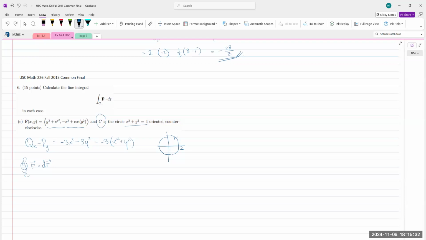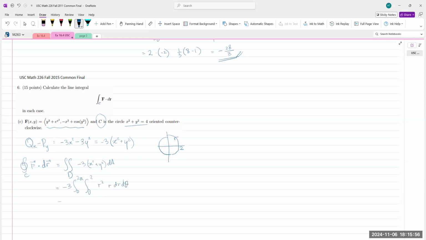Okay, so this is the double integral over domain D, basically the disk with radius 2, of negative 3 times x squared plus y squared dA, which is negative 3 times the integral 0 to 2 pi, integral 0 to 2 of r squared r dr d theta.